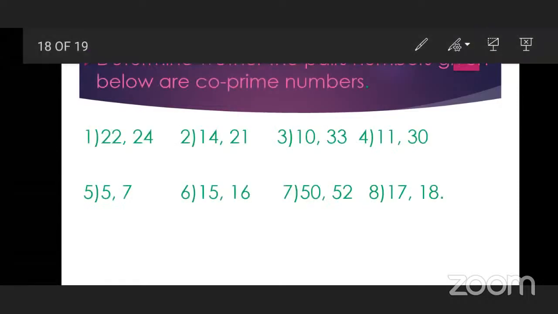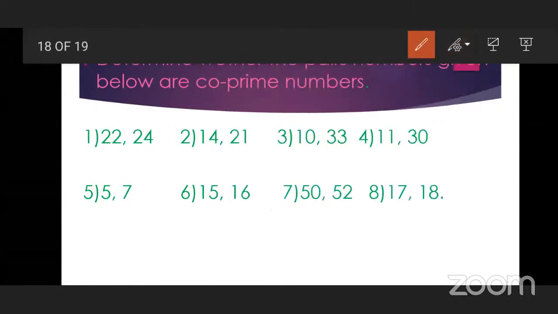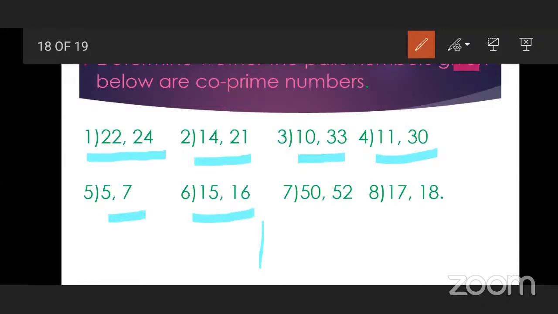Identify which are the co-prime numbers. The pairs given are 22 and 24, 14 and 21, 10 and 33, 11 and 50, 5 and 7, 15 and 16, 50 and 52, 70 and 80.